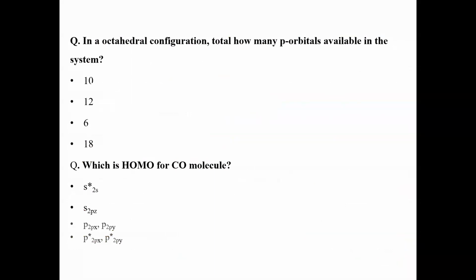And about the second one, you should be familiar with the carbon monoxide molecule and its MOT diagram, the molecular orbital diagram, and you have to identify the HOMO, basically the highest occupied molecular orbital.